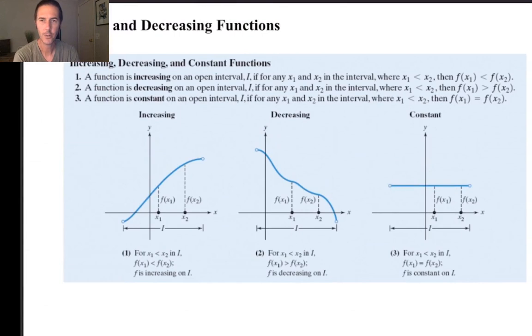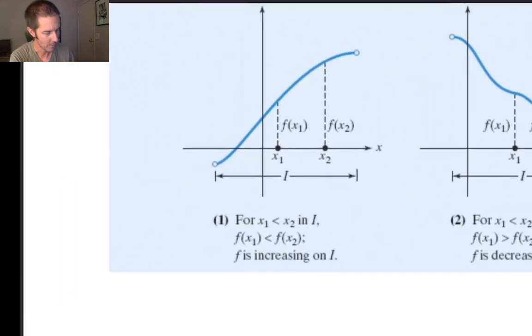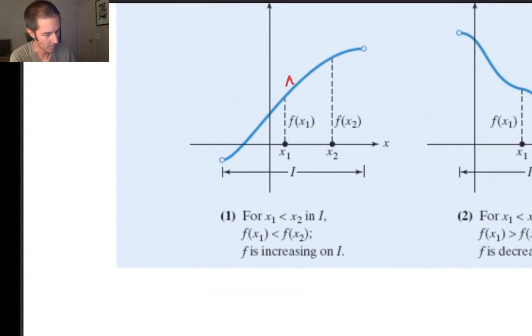So a function is increasing if, as you move from left to right on the graph, your y values are increasing, then your function is increasing. If, as you go from left to right, your y values are decreasing, then it's a decreasing function. And if, as you go from left to right, your y values are staying the same, then you're working with a constant function.